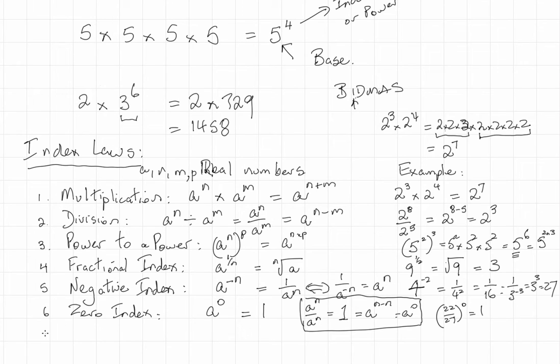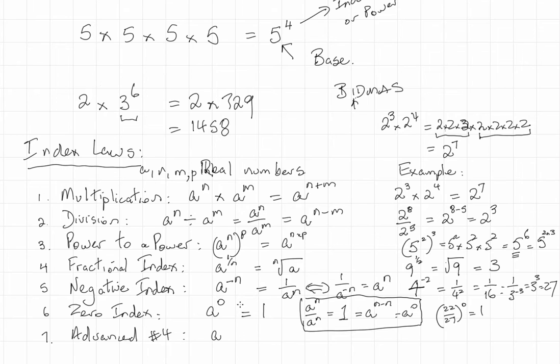And number 7, this is advanced, the fractional index rule, maybe a little bit more advanced.